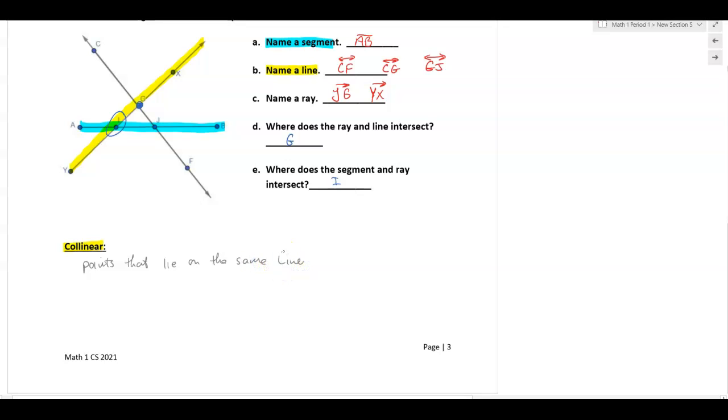Okay, so when I look here, right, I can say up above C, G, J, and F, right? This point, this point, this point, this point, they're all collinear because they lie on the same line. Now, we could also say Y, I, G, and K, or X are collinear because they're on part of a line. They all line up in a straight line. So collinear just means all the points are on the same line.